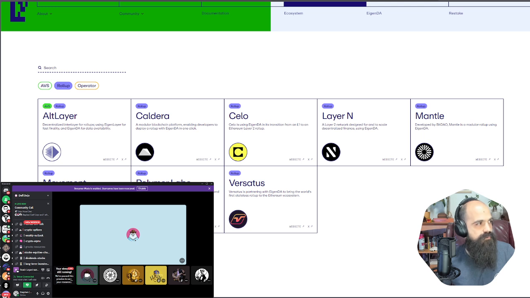I think there's a few like Near who aren't in here. I think they're technically an AVS now, because they're using Near as a sort of data availability. Yeah, they were listed as an AVS, which throws me off because I thought they were... maybe you're right. Maybe that is what they're doing.